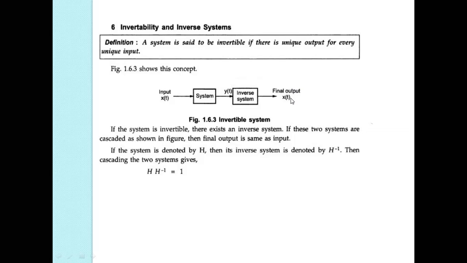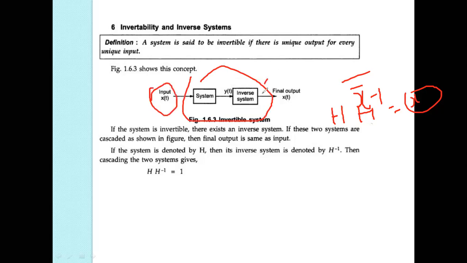Like the involution law, x bar whole bar is equal to x, we already saw this. For x of t, the system gives y of t, and again the inverse system follows. So H is a system, let us say H inverse is the inverse system. H into H inverse is nothing but the input signal only. There is no system here. Whatever the input is, the output is the same, x of t only.